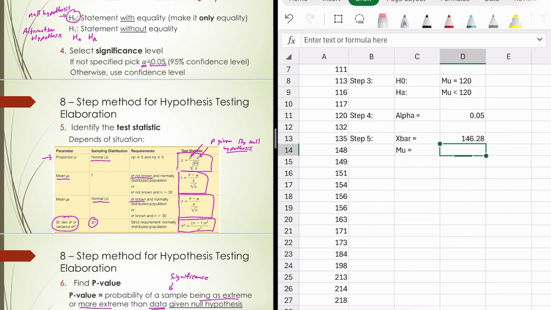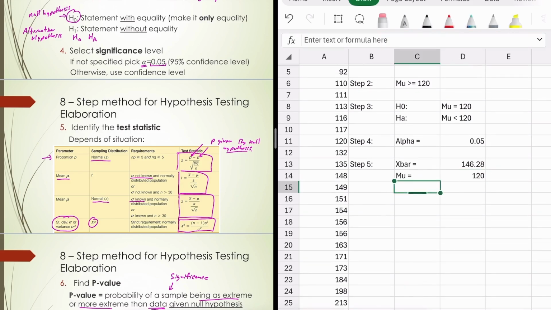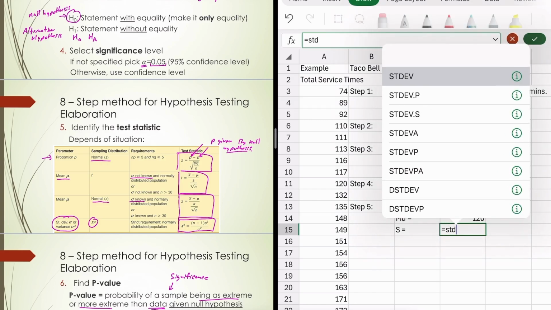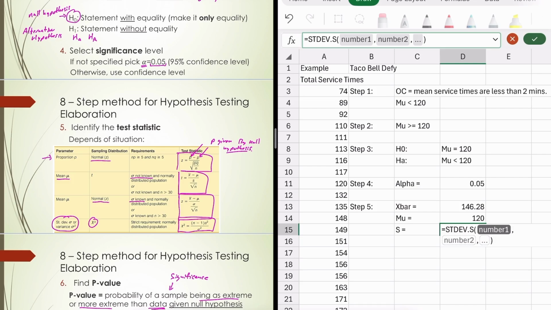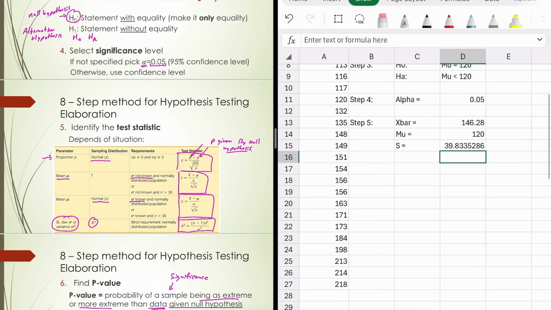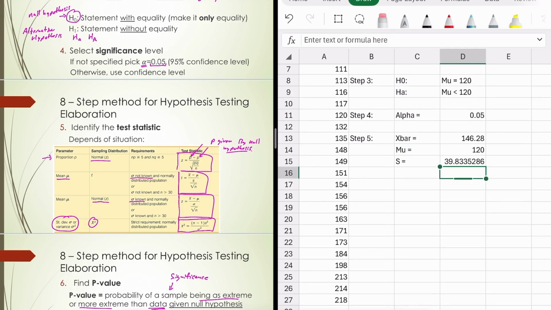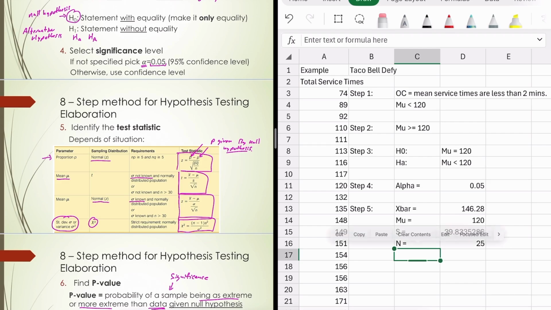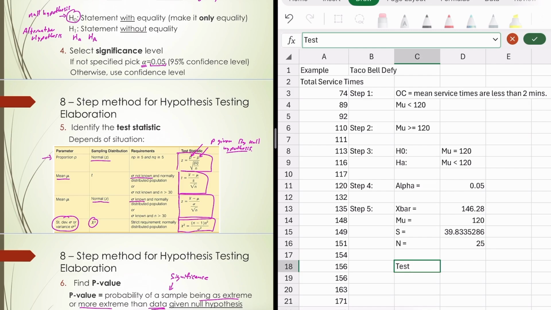Mu has got to be 120. I need s, which is stdev.s, because it is a sample. I'll go down like that, enter. So there's s, and the last thing I need is just n. N equals 25.